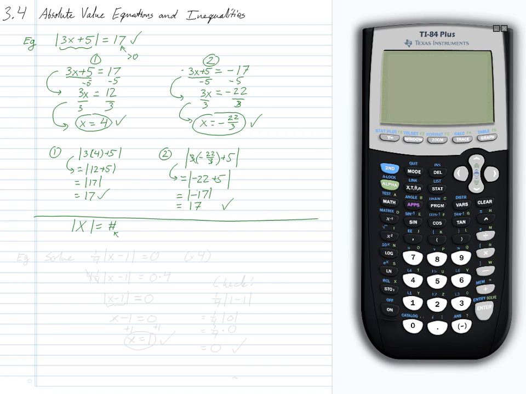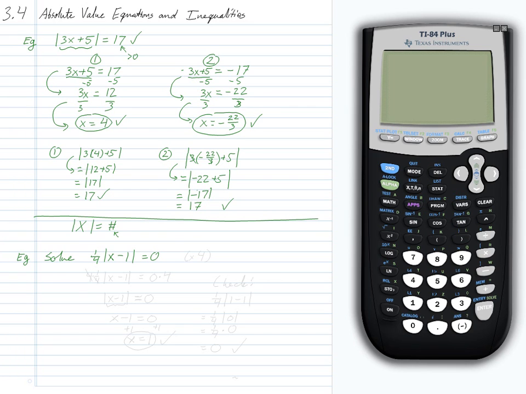If our absolute value is equal to 0, for instance, if we were to solve the following equation, 1/4 absolute value of x minus 1 equals 0, we would begin by trying to write it in this form, the absolute value of something equals a number.